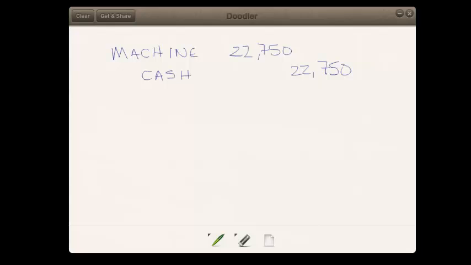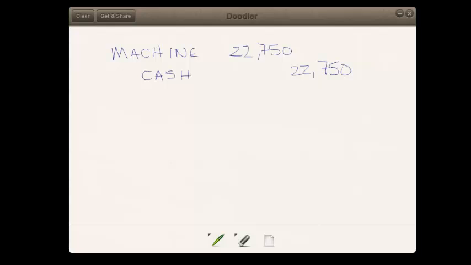Now, what would happen if a year later Smith needed to make repairs to the machine? Repairs are not part of making a machine ready for use, so repairs are recorded as an expense as they occur.